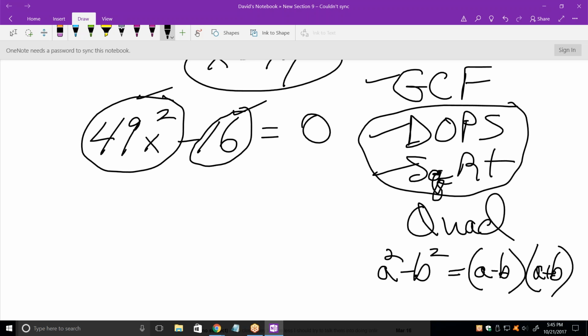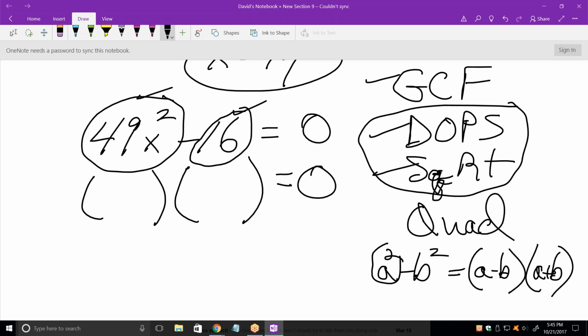So if we use difference of perfect squares on this problem, what does it become when you factor it? What would we have for a and b? Wait, are you factoring out the 49 with the 16? No, I'm looking at 49x squared and realizing that that's a perfect square.